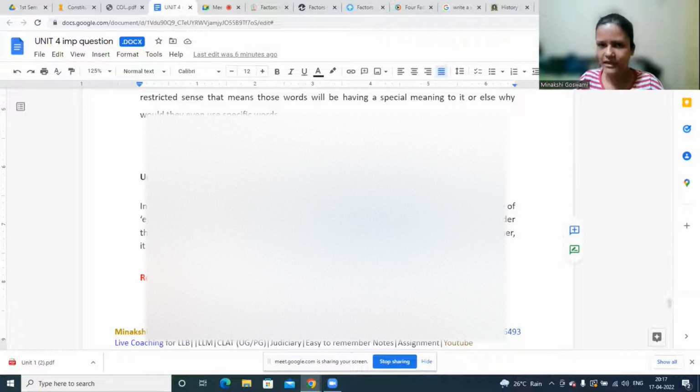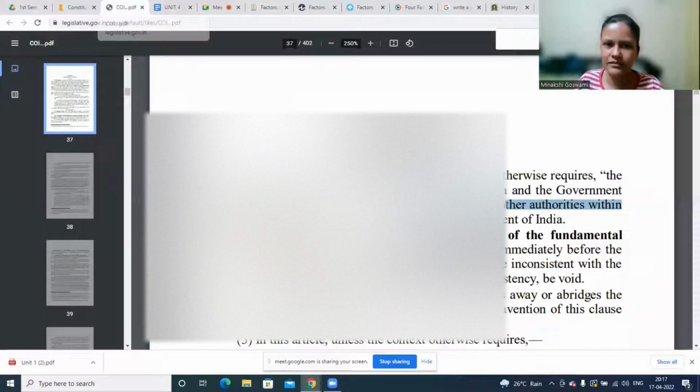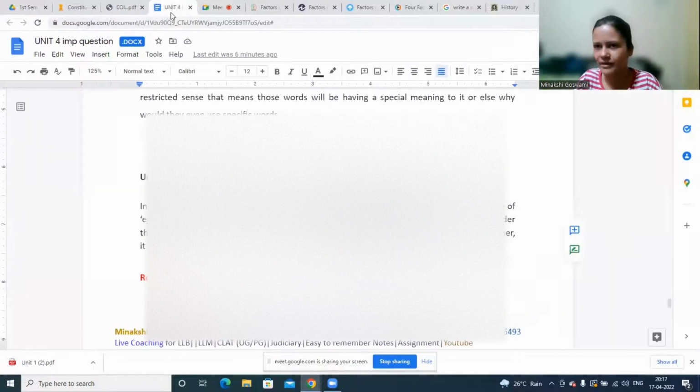So in such a case, we need to see in what context these first few words are being used. First of all, we are talking about central government, state government, parliament, legislature. So when we are talking about local and other authorities, it also has to have some connection with this. Maybe you can consider municipalities, gram panchayats, etc., who are performing some government functions, but university is a completely different matter altogether.